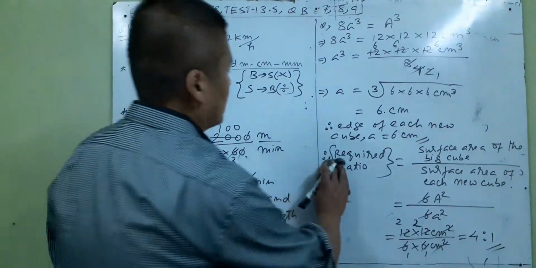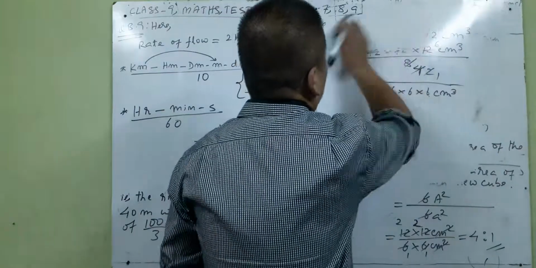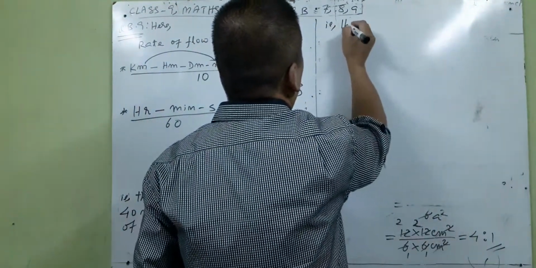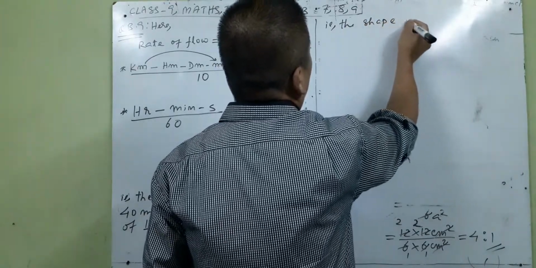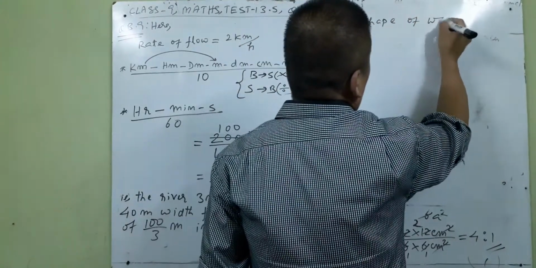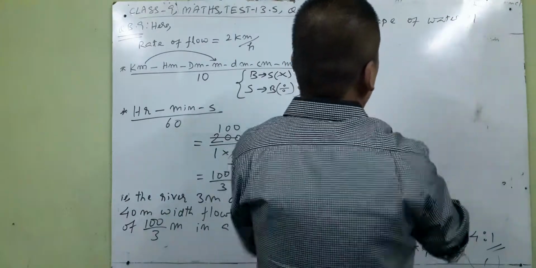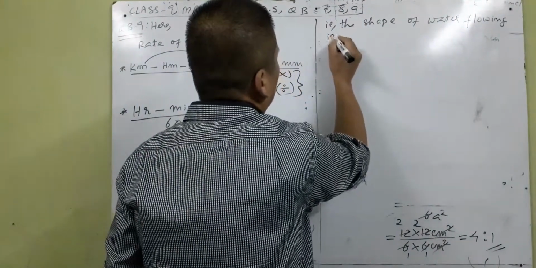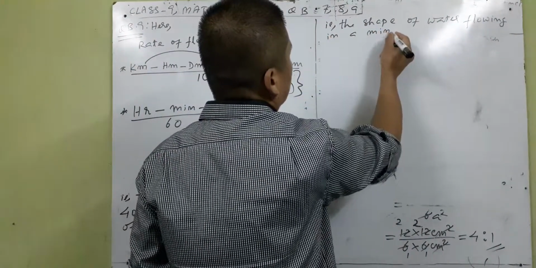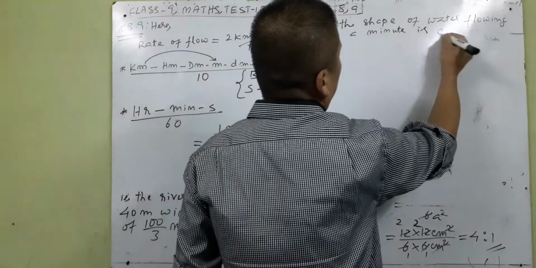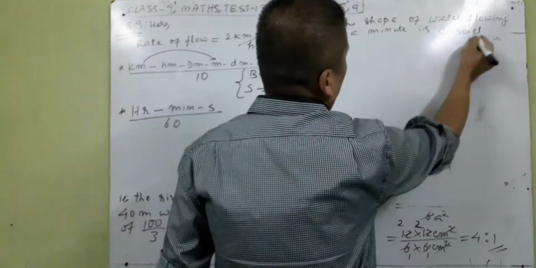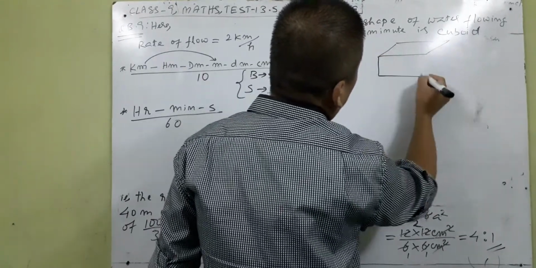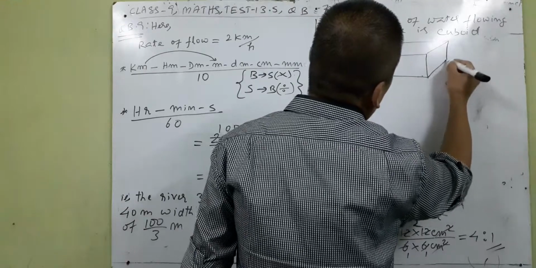So we can write here, in other words, the shape of water flowing in a minute. This is what we're interested in. 1 minute is cuboid. So if it is cuboid, we can draw the diagram. In 1 minute, the shape of water that is flowing, this much water is flowing, and the shape is cuboid.